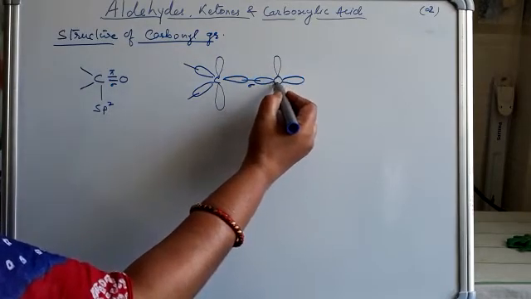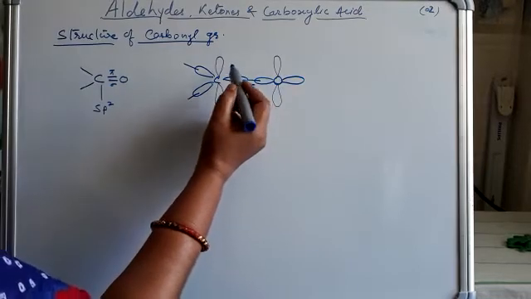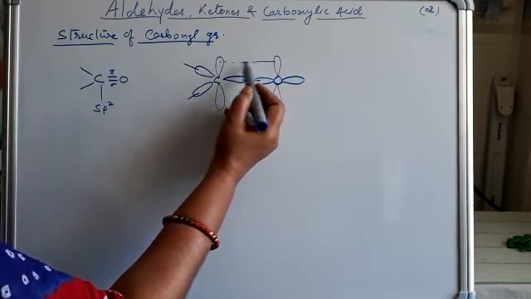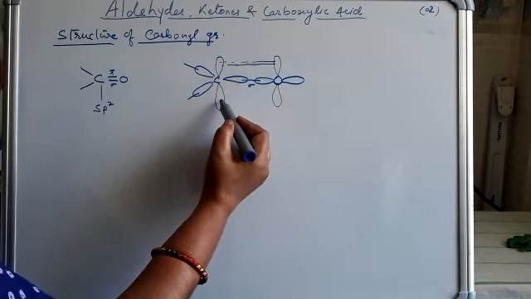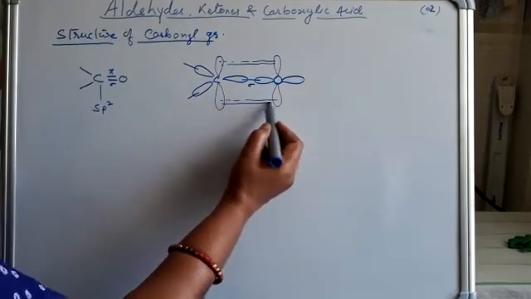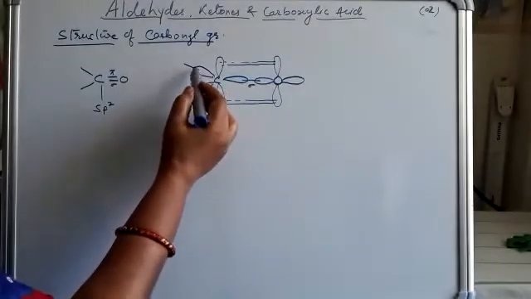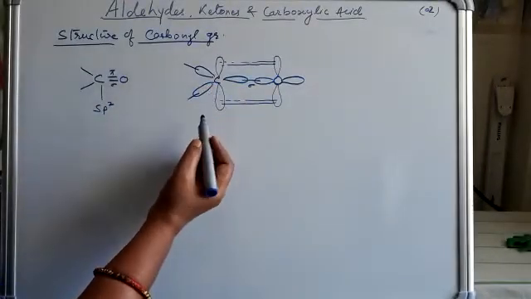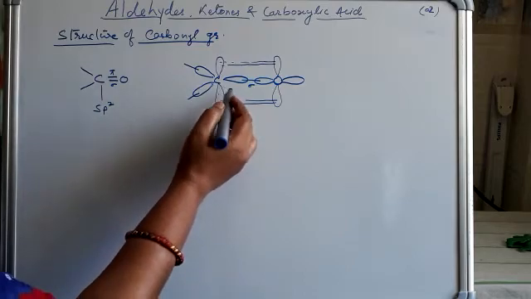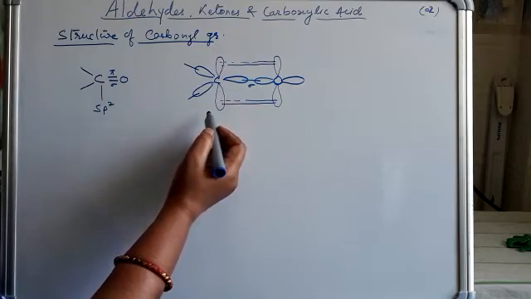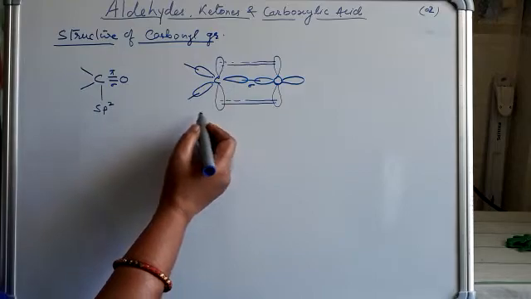This is oxygen, and the formation of the pi bond takes place. The bond angle between these is 120 degrees because sp2 is trigonal planar in nature.